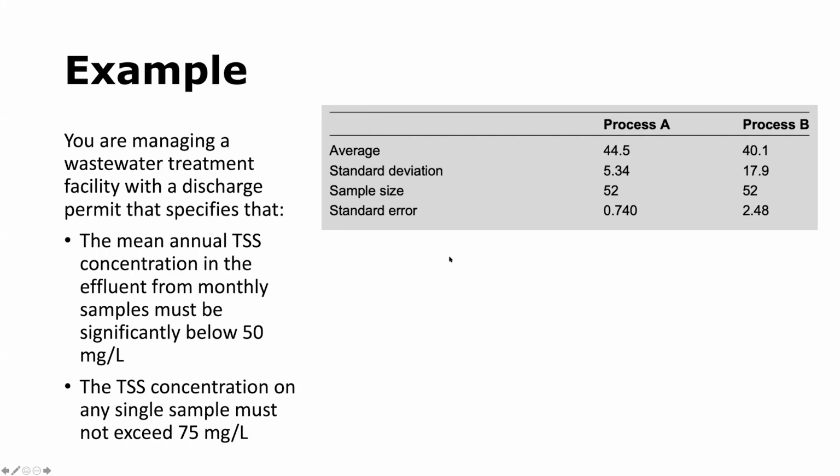All right, so I just launched a poll. You should be able to see it. I want to know, given the information you have right now, there's no right or wrong answer. We haven't finished the example yet, but which process do you think is the better process?